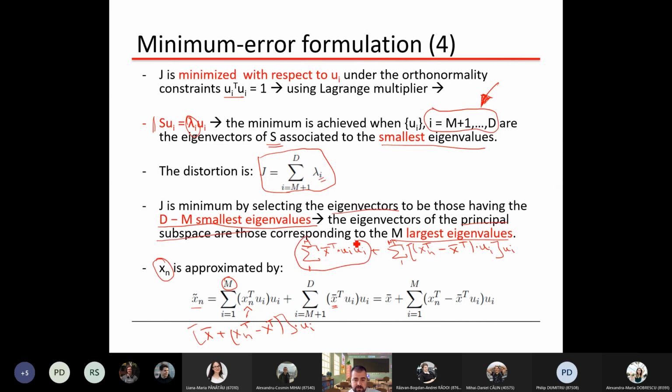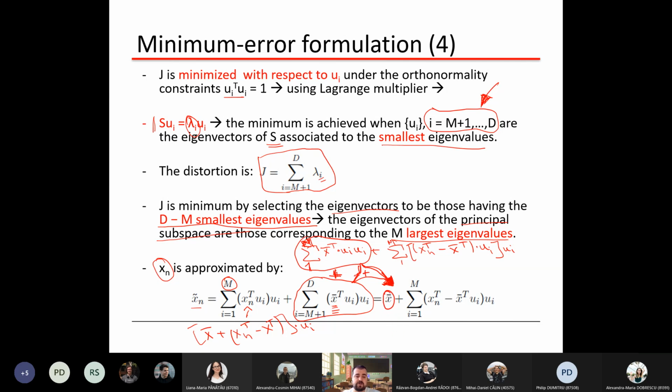This part, with this part, it's actually the mean of the data, okay? Because it's the summation of the mean from 1 to M plus the summation from M plus 1 to D of the mean. So if I have a summation of these two, it means that I will get the mean.